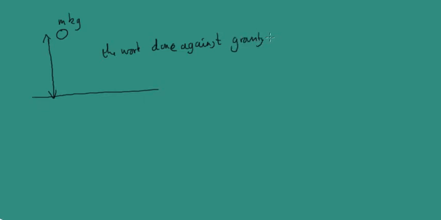Now, when a body, so if say we've got some height h, and we've raised some body up, which has got m kilograms, the work done against gravity is mgh joules, and the increase in potential energy is mgh joules.